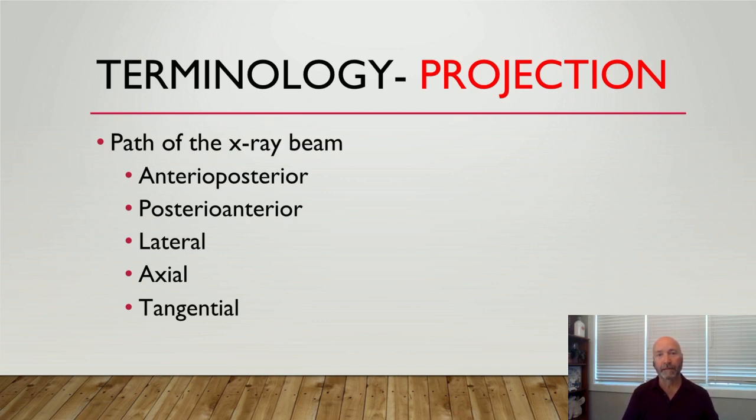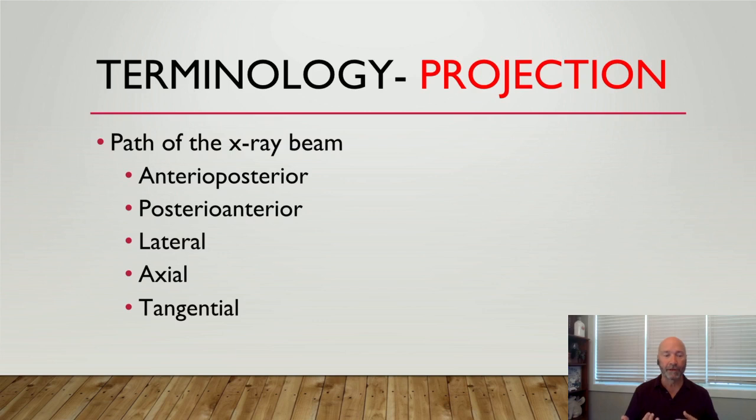Axial, though, is a little bit different. You can have axial in either AP or PA projection. AP means anterior or posterior. PA refers to posterior and anterior. So an axial projection implies that the X-ray beam has an angulation that goes with the long axis of the patient's body.